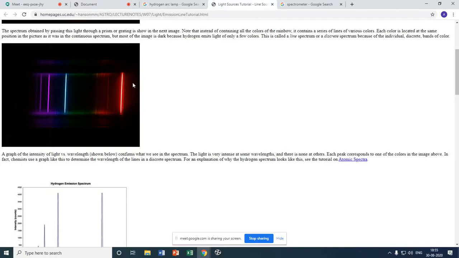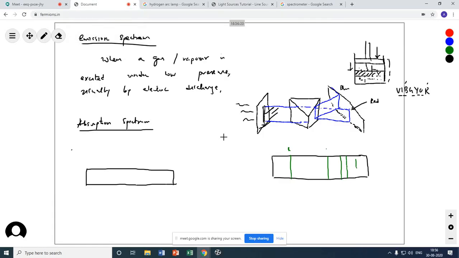Look at the red and blue, blue and violet: non-uniform distribution. But within one particular region, I can see a uniform spacing of lines. These uniform spacings of lines are called spectral series.